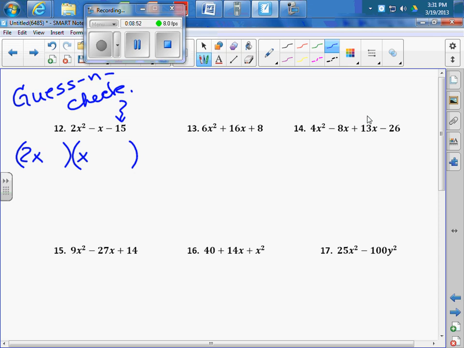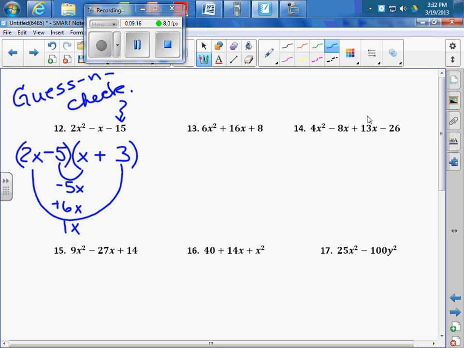Well, if I put a 5 here and a 3 here, 5 times 3 being 15, right? Well, if I put minus here and plus here, what will that give me? That'll get me minus 5x. This will give me plus 6x. And that'll give me positive 1x in the middle, doesn't it? Is that what we want?